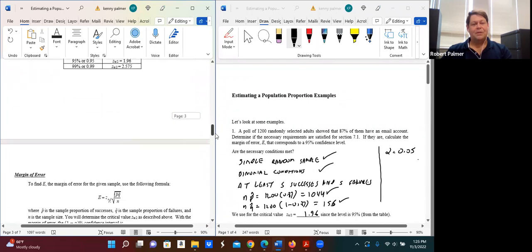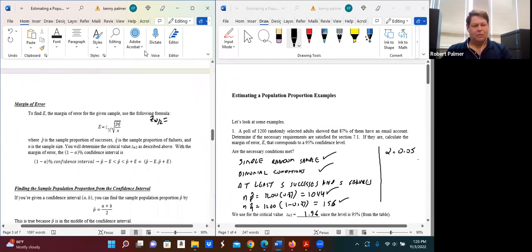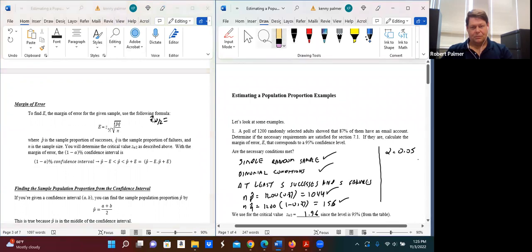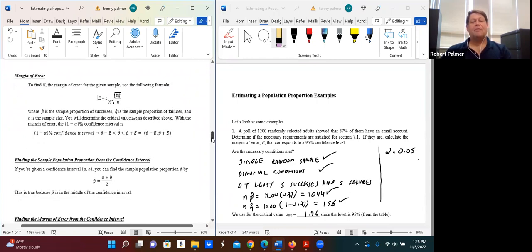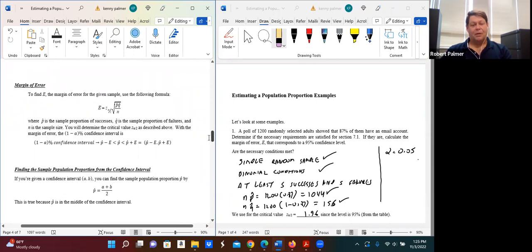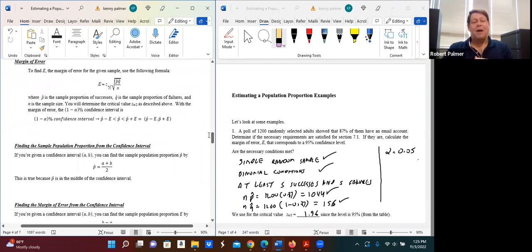We learned a way to find the margin of error. And from the margin of error, we can create this confidence interval. And then we use that to say, with whatever confidence level we have, the actual value is in that interval.